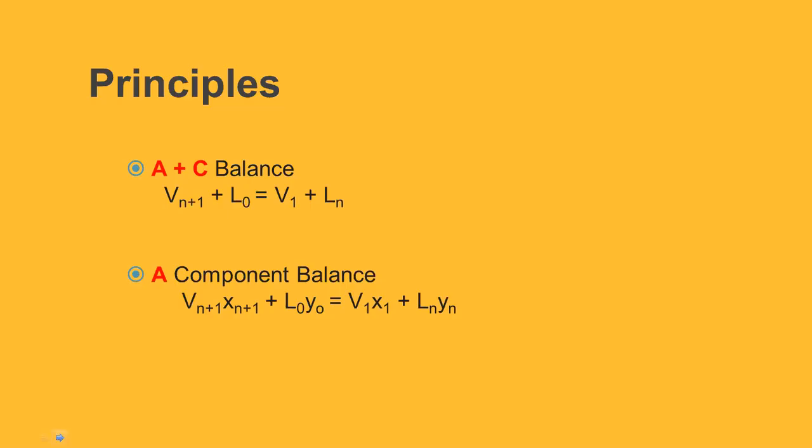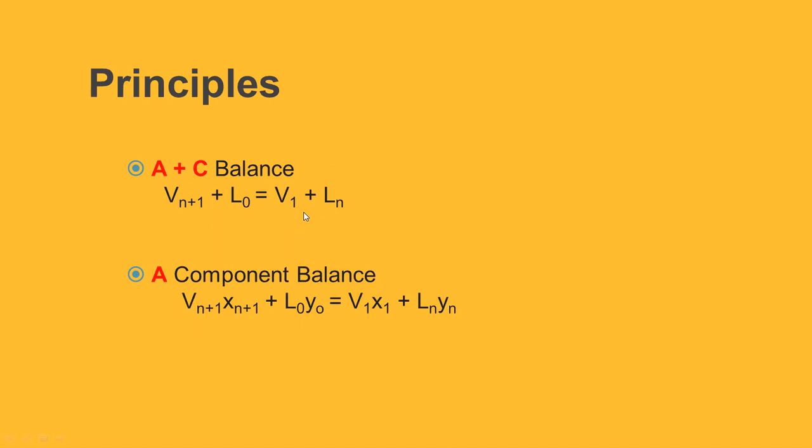Now, when we do material balance for leaching, we can do overall material balance, but we only account for A and C. That would mean that we need to add the solvent and the feed and equate the sum of the two to the solvent with the recovered solute, V1, and then this one is your slurry, the slurry of the insoluble solid with the solution of the same concentration that is present in your V1.